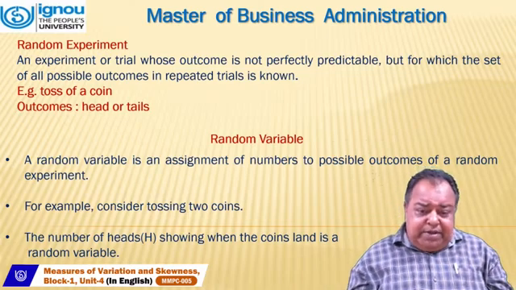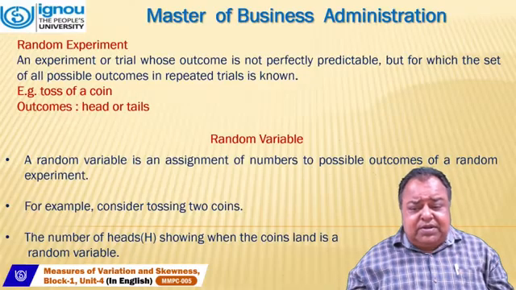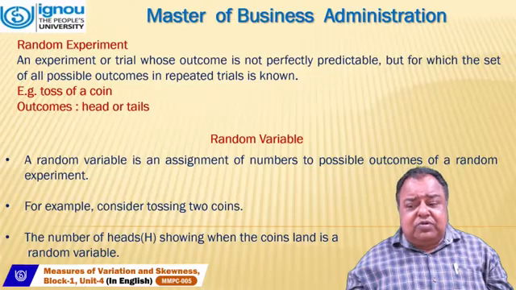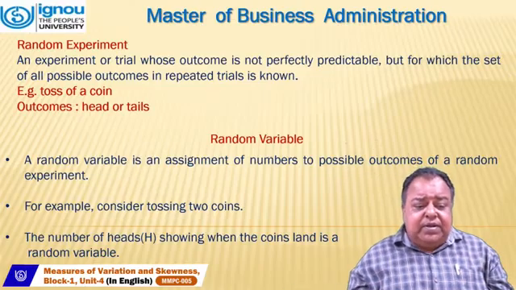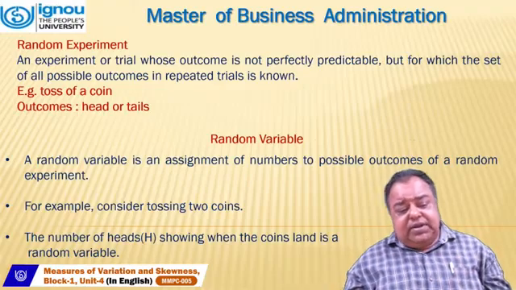Then comes the random variable. A random variable is an assignment of numbers to possible outcomes of a random experiment. For example, consider tossing two coins.